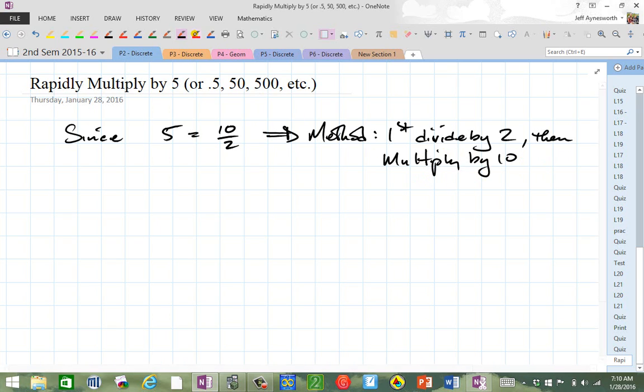Or vice versa, that means you change the order. You can multiply by 10 first, then divide by 2, however you want, whatever's easiest for you, depending on the number.